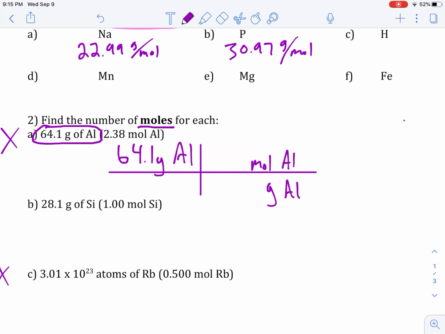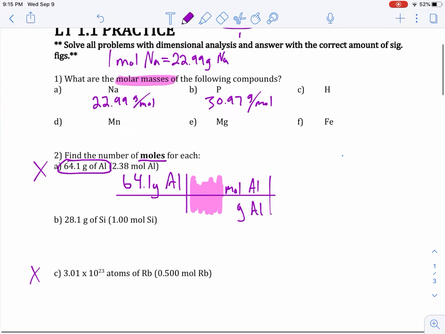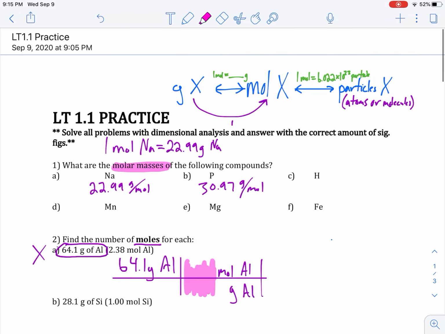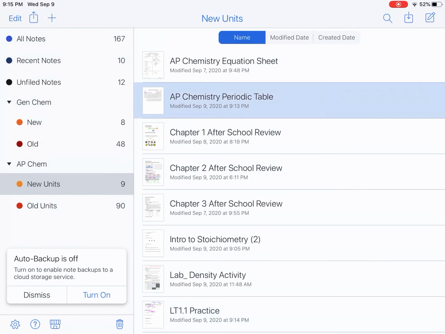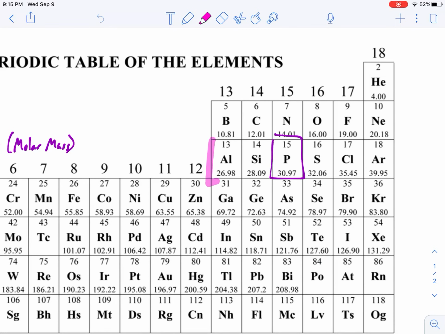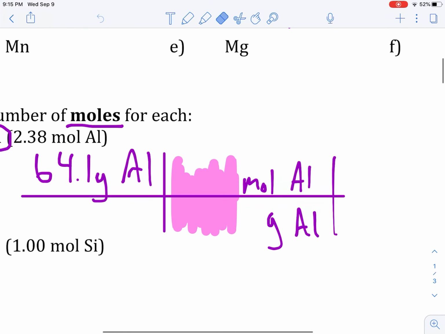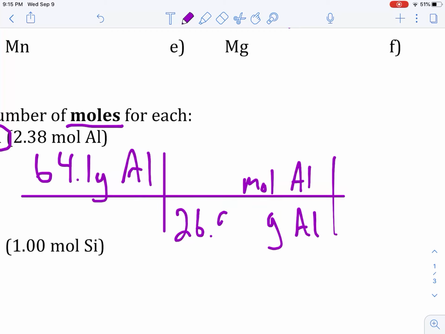But in order to find out what goes here for the conversion factor, I'm going to have to look up aluminum and find its molar mass, the number of grams for every 1 mole of aluminum. So on the periodic table, here's aluminum, 26.98. So that's the number that goes here for every 1 mole.